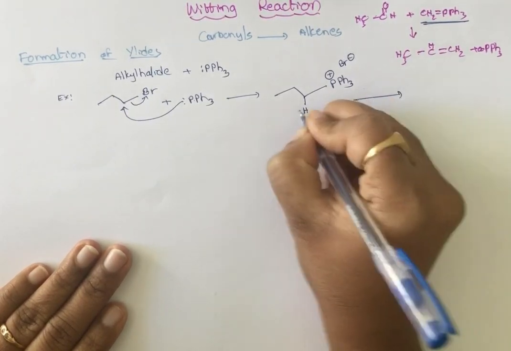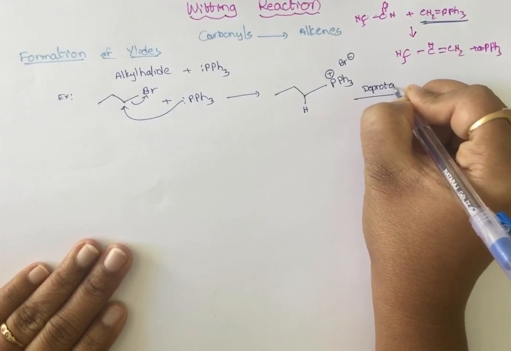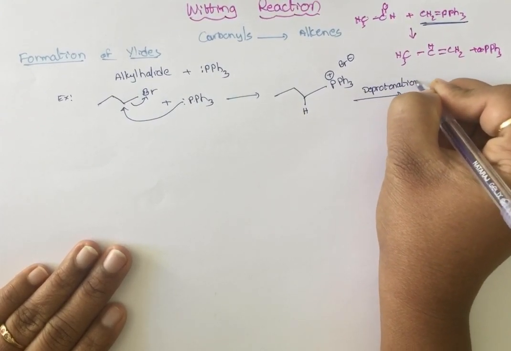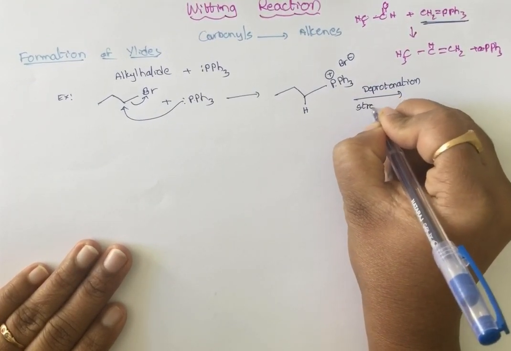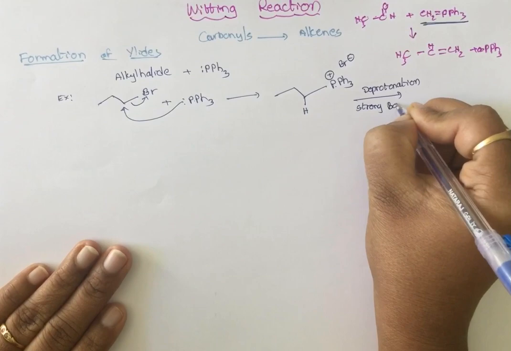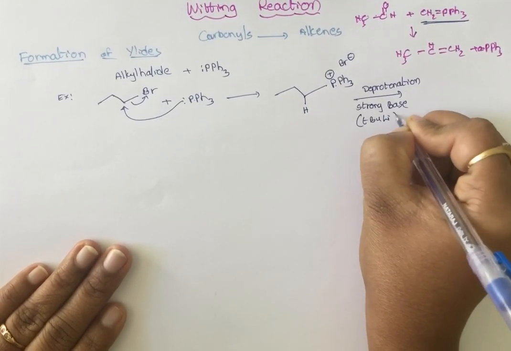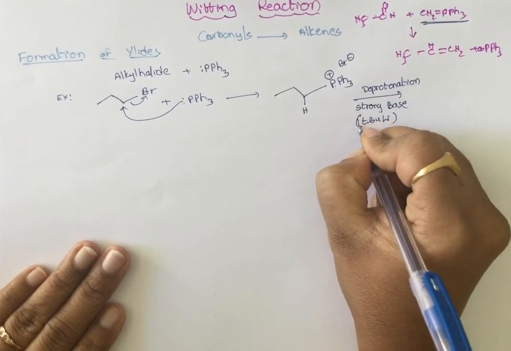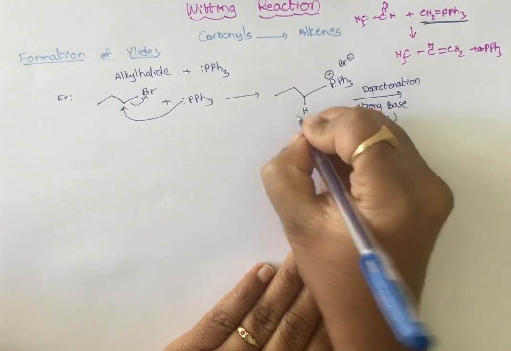We need to remove this proton, so we call this process deprotonation. How can we remove a proton from the adjacent carbon? We have to use a strong base, like tertiary butyl lithium, or N-butyl lithium, can be used as a base to remove this H+.